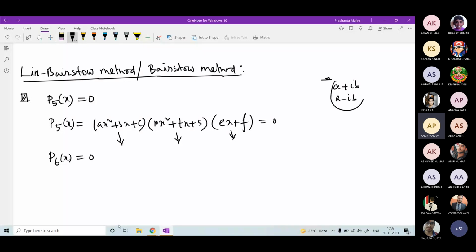So that will be x minus a plus ib, and another into x minus a plus ib. Oh, here it should be plus sign, is not it?